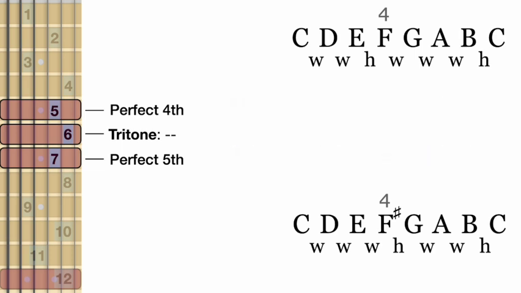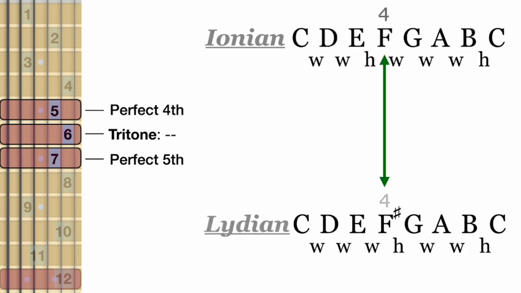Now we have the Ionian at the top and Lydian at the bottom, and we see that the only difference is the fourth. We have that raised fourth. Now, I want to take a look at Ionian, because Ionian has a perfect fourth. We're not going to just take my word for it, let's prove it by looking at the intervals in Ionian.